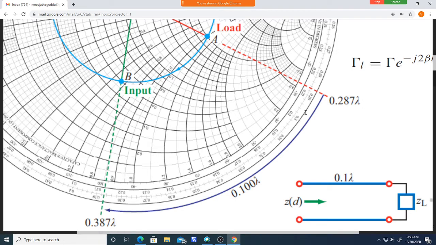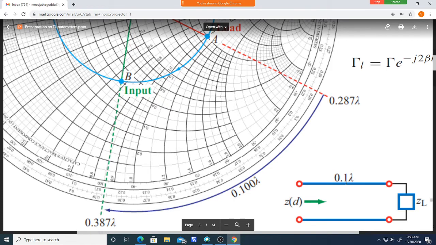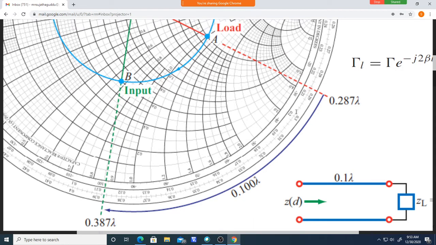0.01 means how many divisions should I move to get 0.1? 10 divisions. So this is the load point, and this is the wavelength scale. From here you should move 10 divisions.